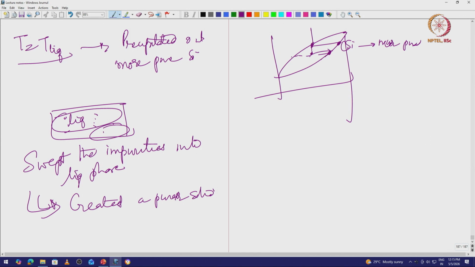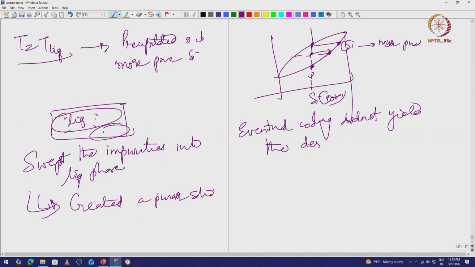Silicon became more and more impure, and eventually came back to 90%. So, eventual cooling did not yield the desired outcome.